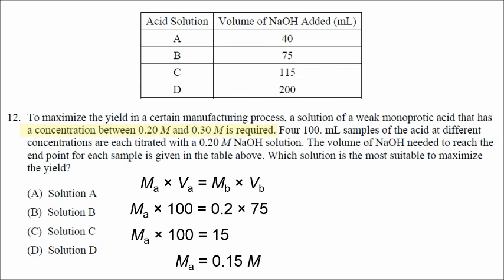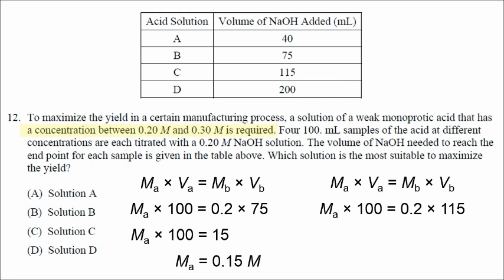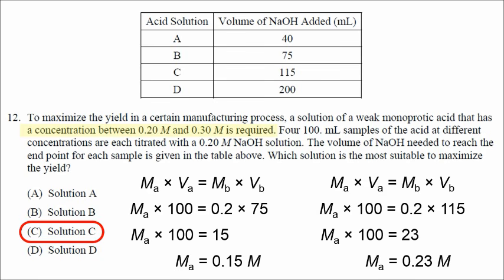So the correct answer is not B. Let's go ahead and try C. Now we have 0.2 times 115, which is 23. Divide that by 100, and now the molarity of the acid is 0.23, which does fall in that range, so the correct answer is C.